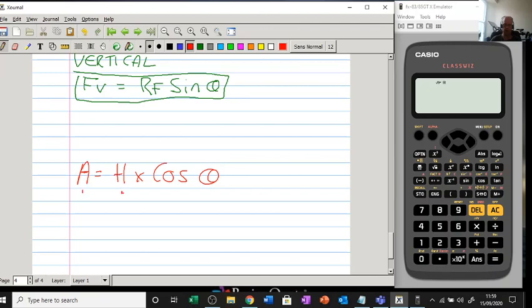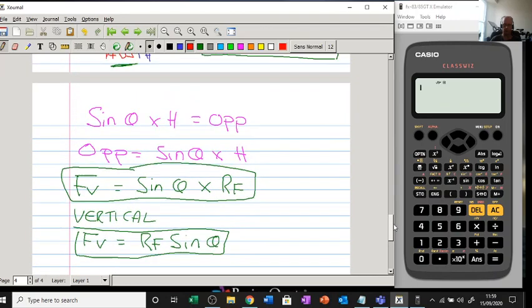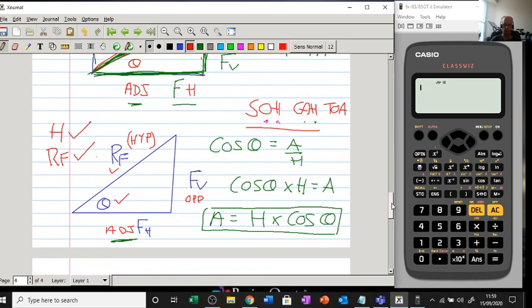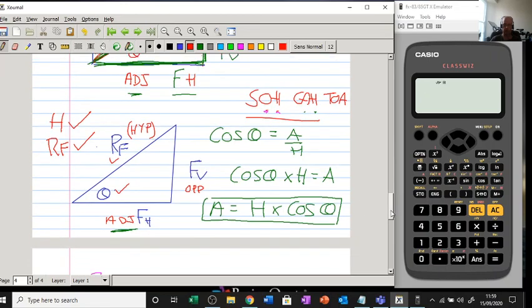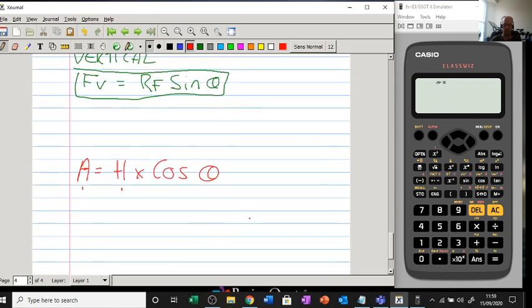This is the hypotenuse. So the adjacent is the horizontal force, and the hypotenuse is the resultant force. So I can do this now, just like I did with the other one. Horizontal force equals the resultant force times by cos of the angle.